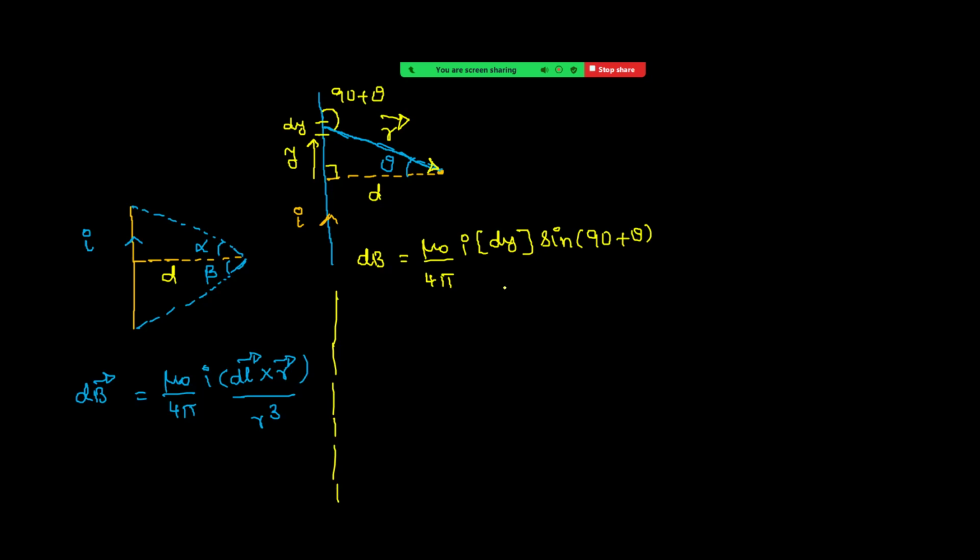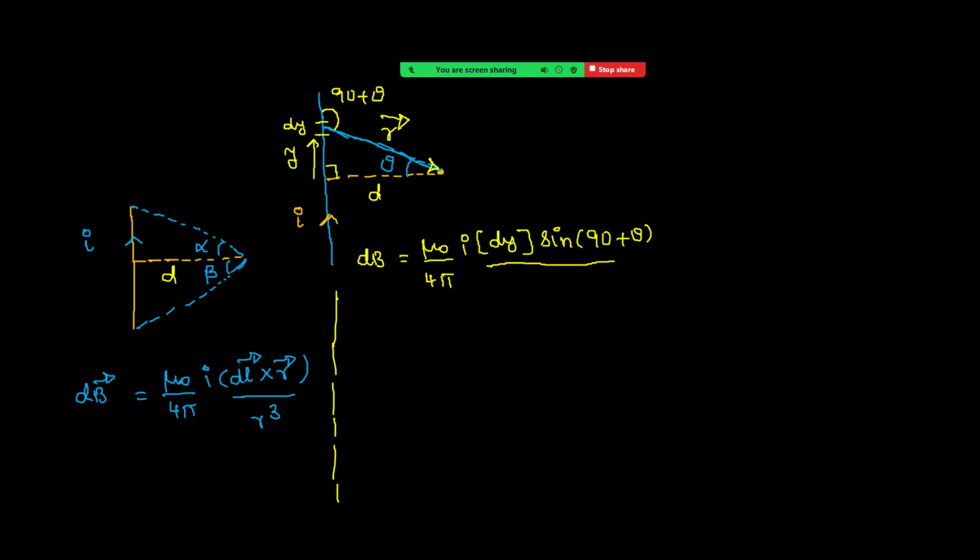Okay. Right. Now see what else is left. Here already we have taken R. So R cube, remaining is R square. Okay. I am taking it is now the distance of that point from this element. Remember, it is not d.